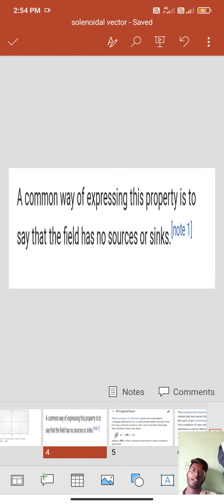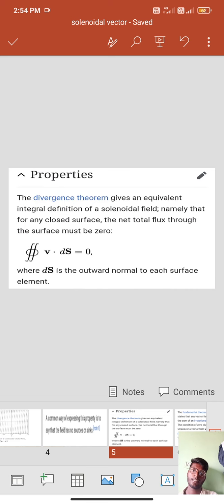Properties of a solenoidal vector field: the divergence theorem gives an equivalent integral definition of a solenoidal field, namely that for a closed surface the net total flux through the surface must be 0.